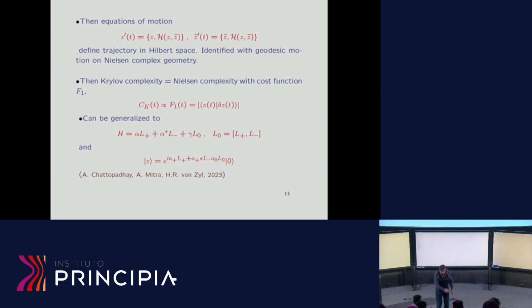Right, so there's the next thing here. The Nielsen complexity is here with the cost function f1 defined in here. This is actually Javier's work, so maybe you can also ask him if you want. Here I'm just reviewing. You need a cost function, so the cost function is this one.